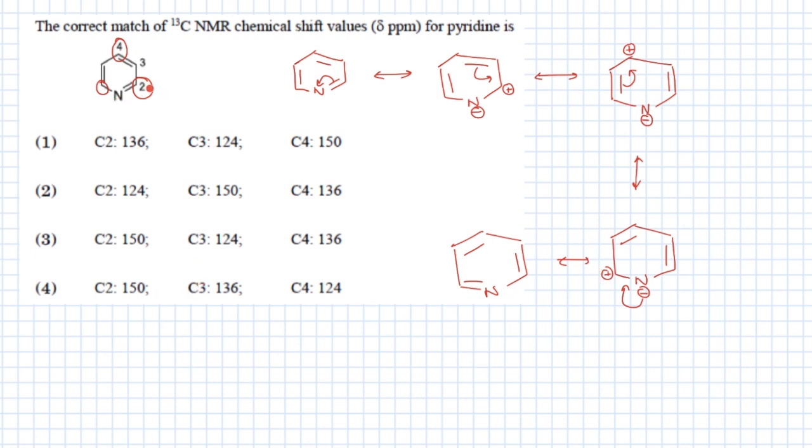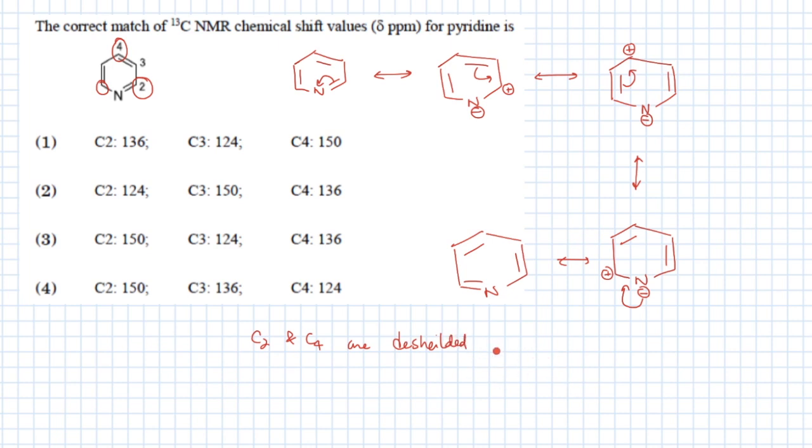Now that clearly tells us that carbon number 2 and carbon number 4 are electron deficient, and these particular ones are de-shielded. If there is less electron density on a particular carbon, it is de-shielded, right? So C2 and C4 are de-shielded carbons.